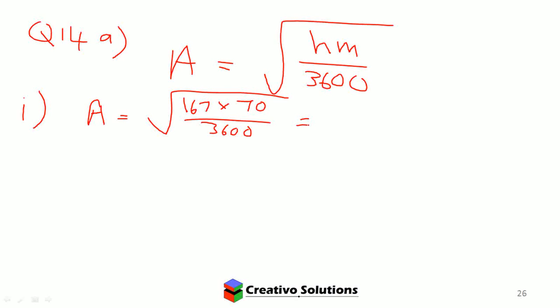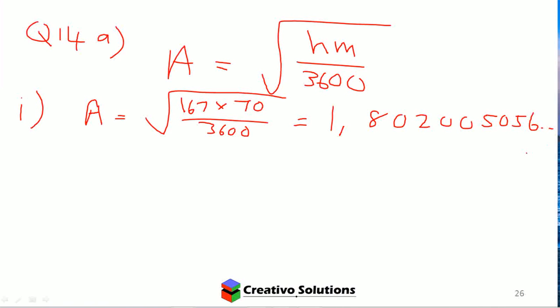They did tell us to calculate the surface area of her body. So I'm going to grab my scientific calculator and insert those values in order to get an answer. Divide by 3600, close bracket, equals. I'm getting 1.8020050506.